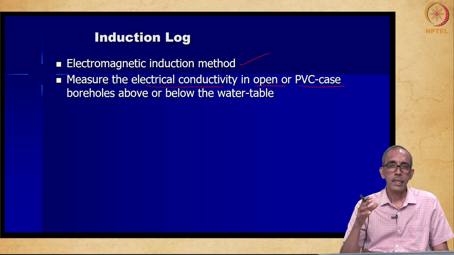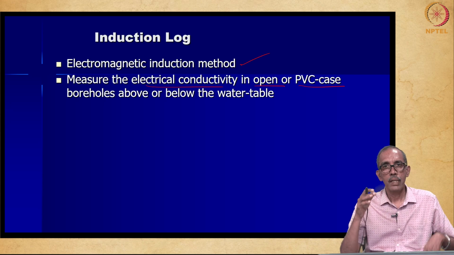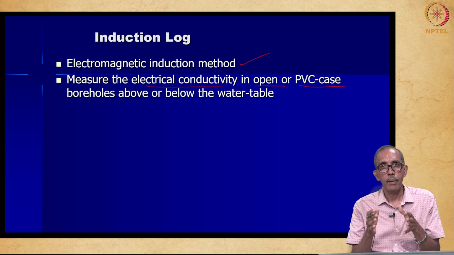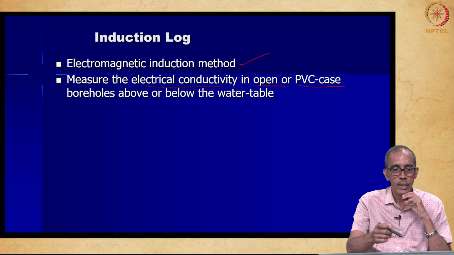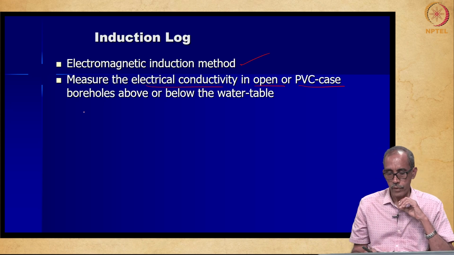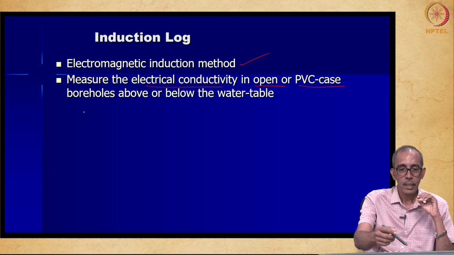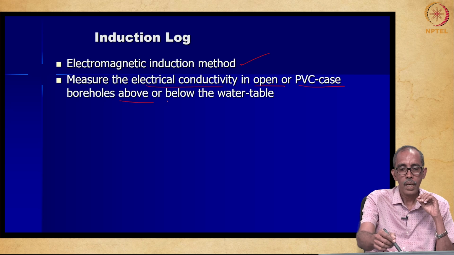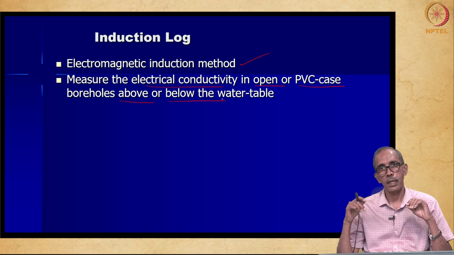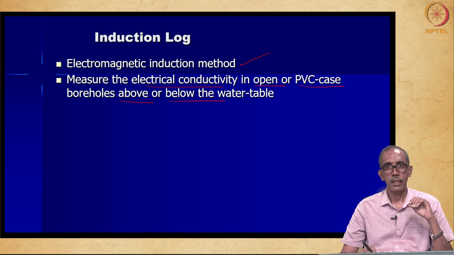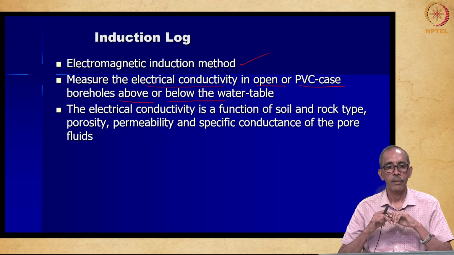The electromagnetic method can be carried out in an open well, that means a well without completion, without any casing pipe, or we can also do logging in PVC cased pipes, right. We can also carry out logging both above as well as below the water table.